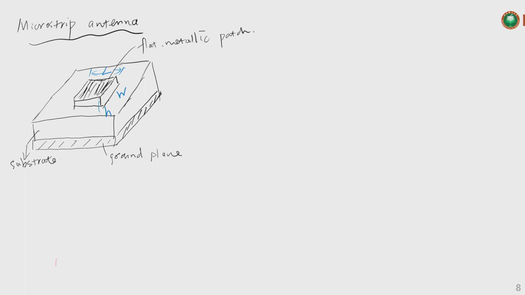So let's take a side view of it. Actually, this is the ground plane. Okay, and under the ground plane is the substrate.